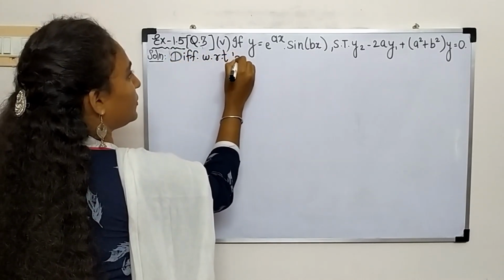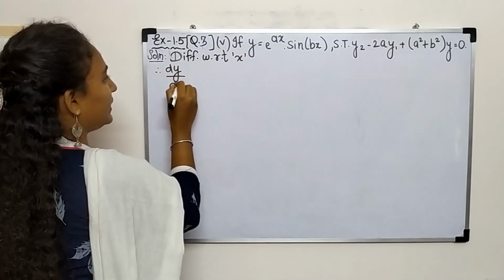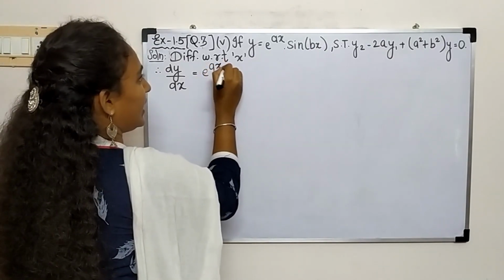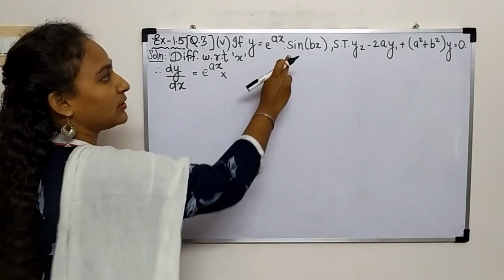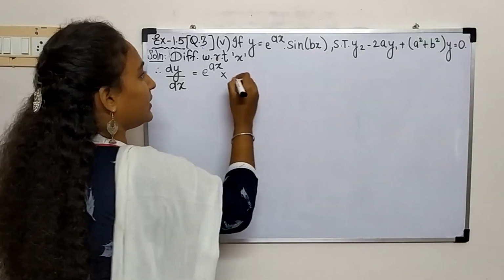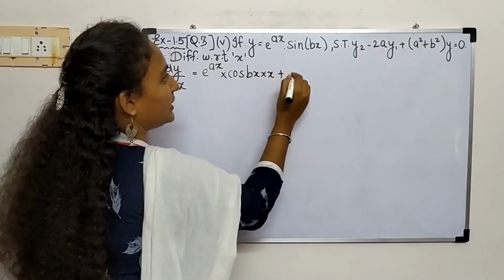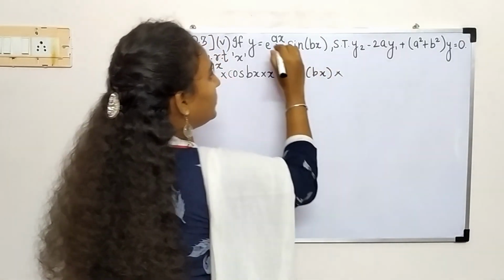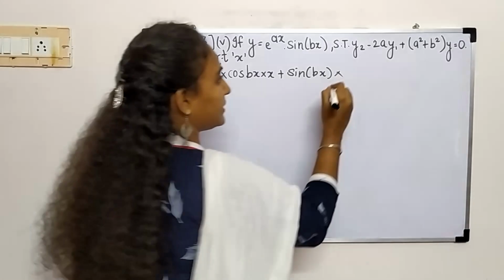Differentiate with respect to x. Therefore, dy by dx is equal to e power ax into derivative of sin bx, which is cos bx into b, plus sin bx into derivative of e power ax, which is a into e power ax.